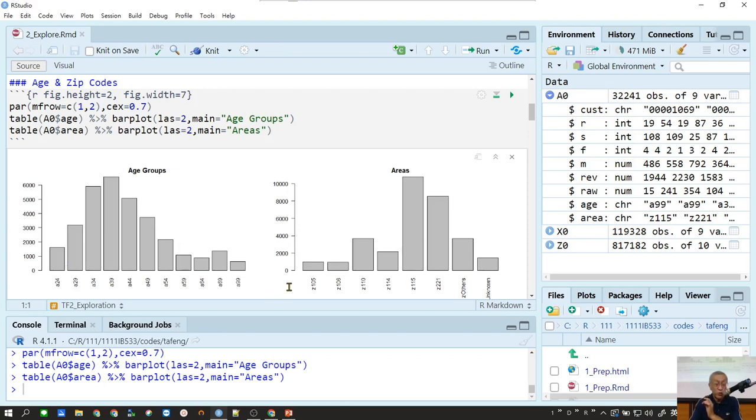This is called distribution because it tells us how the value of a variable is distributed, okay? This is called distribution of age group, right? In this data frame, this column, how many values do we have in this column?